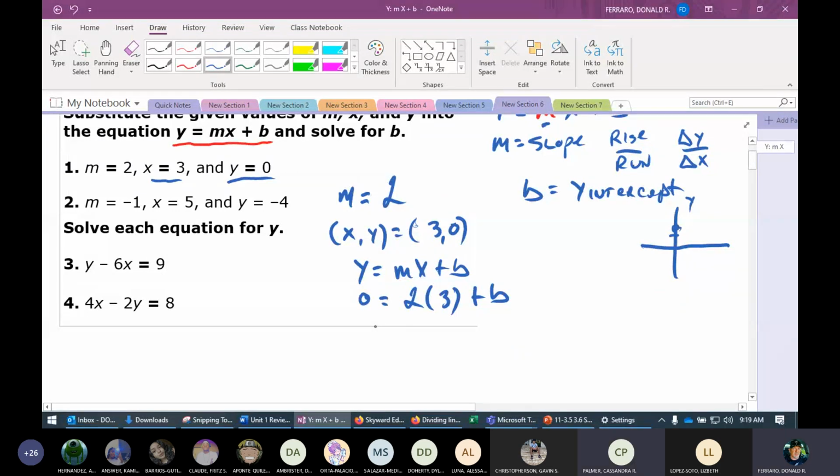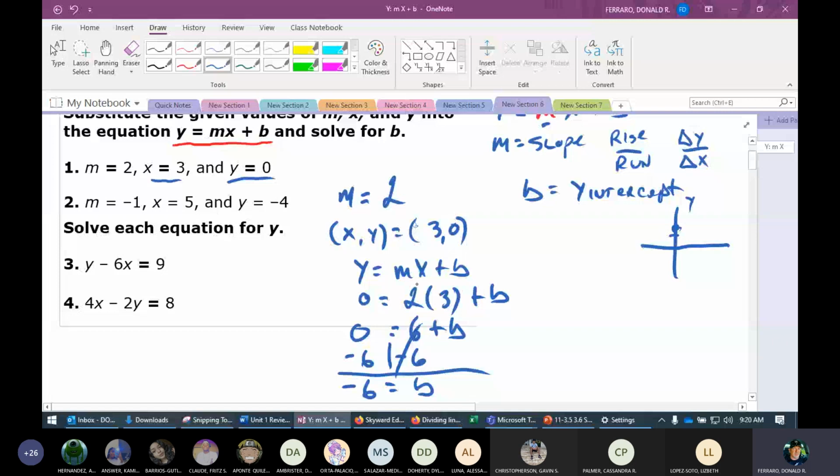Multiplying 2 and 3, you get 6, plus b, and then you'd subtract 6 from both sides. So we're subtracting 6 from both sides, and I've got negative 6 here. These cancel out. So b equals negative 6.